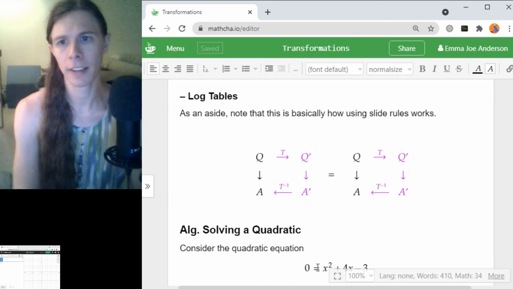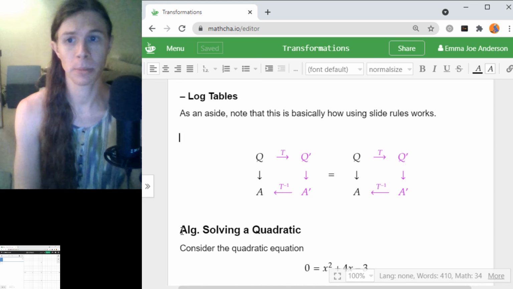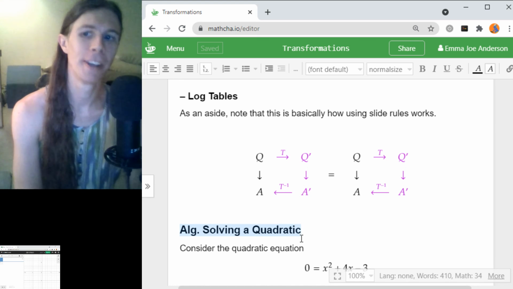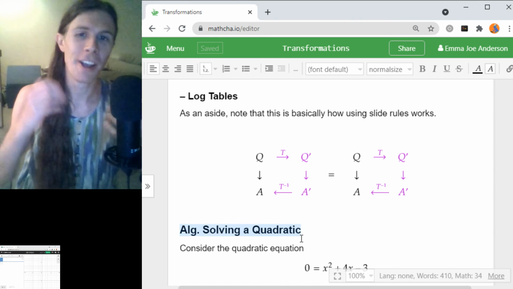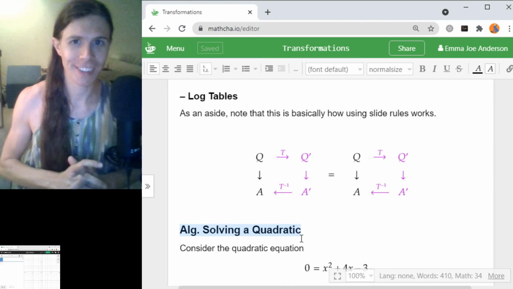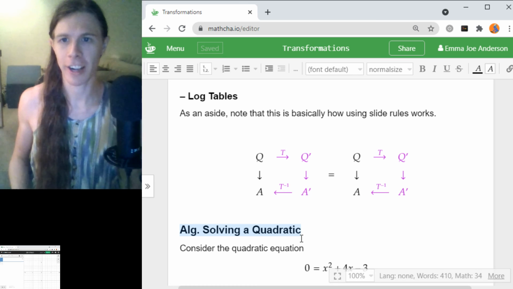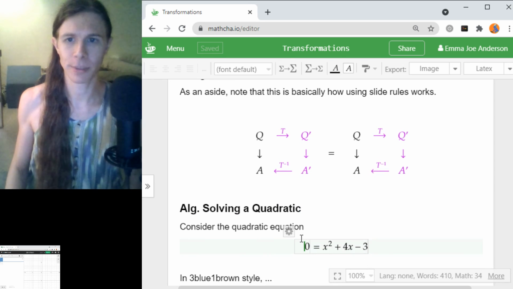And then the last thing that we'll cover next time, hopefully, if I have time, the culmination of our efforts, is to apply this to a much more difficult case of solving a quadratic equation. In this case, this one here.